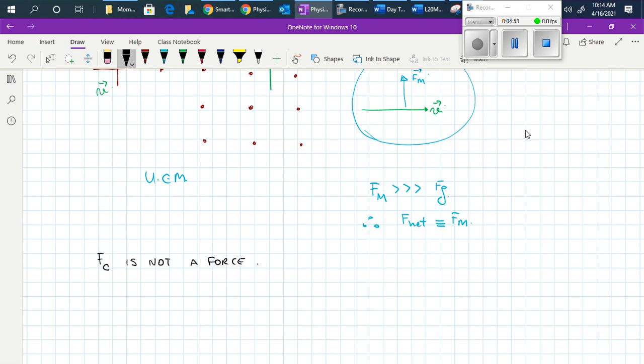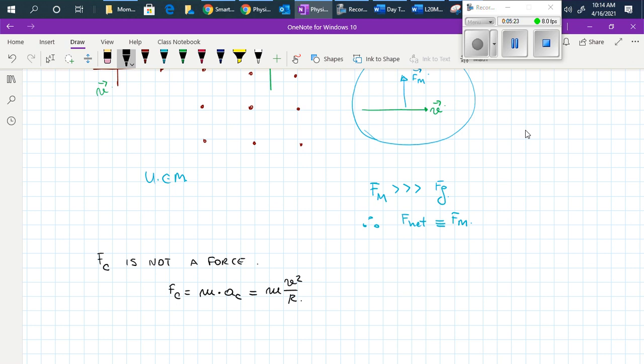So what we have here is that centripetal force is always mass times centripetal acceleration, or mass times v squared over r. And there are others that we have seen in physics 20, but for the purposes of physics 30, this is where we stop.